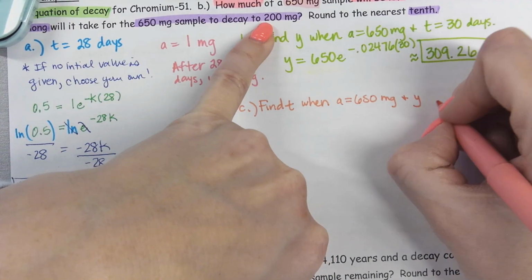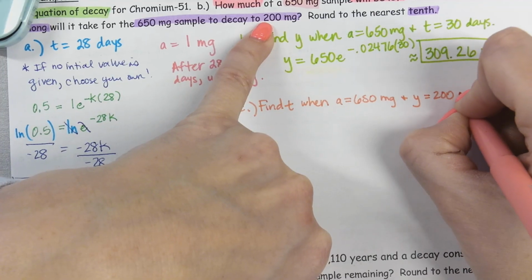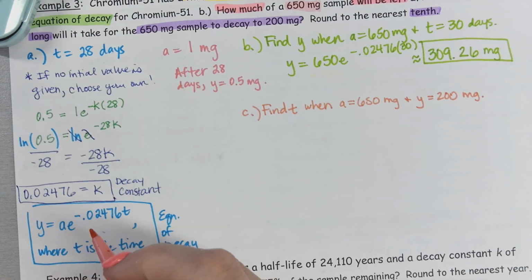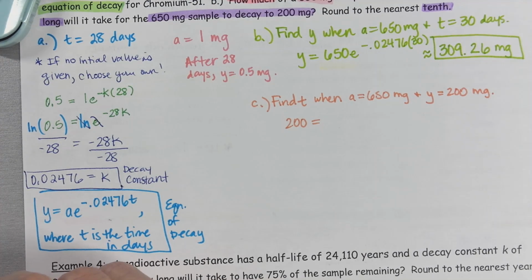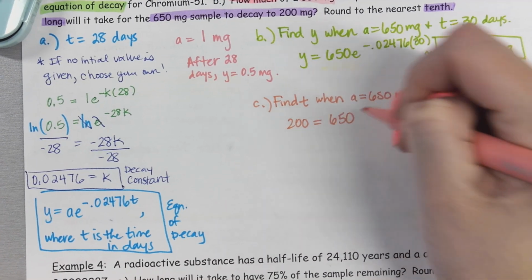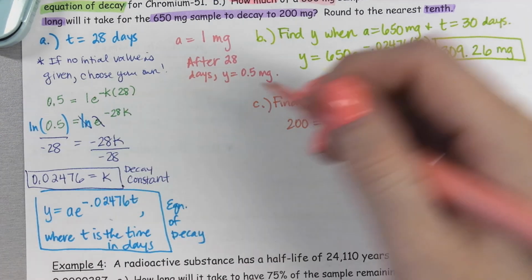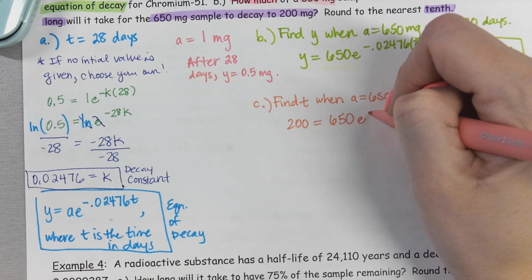And then if it decays to this much, that is your final amount. Okay, so we're going to plug in 200 as our value of Y. 650 is the initial value. And then we have E.